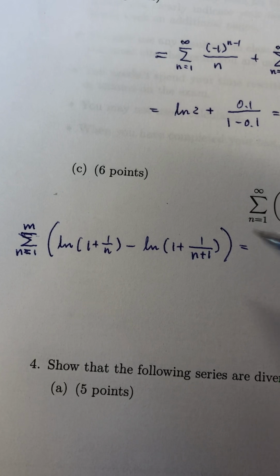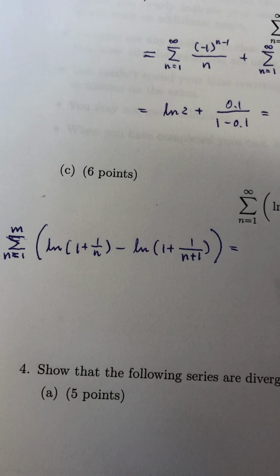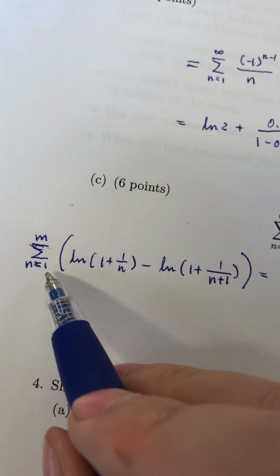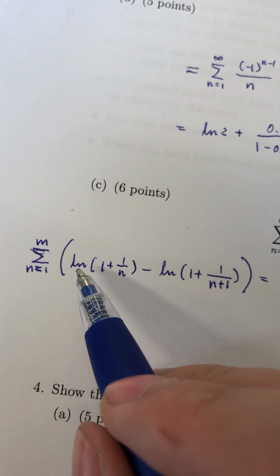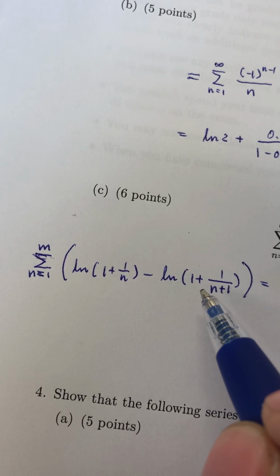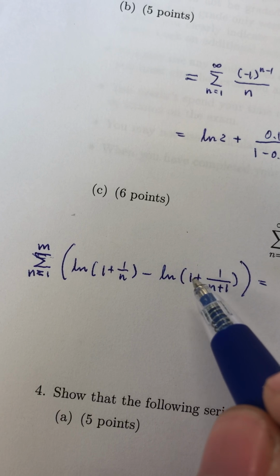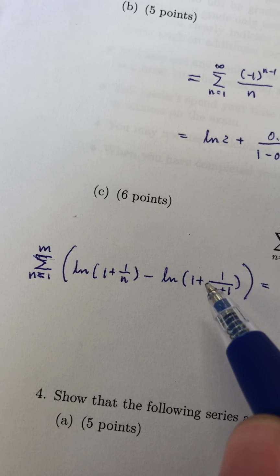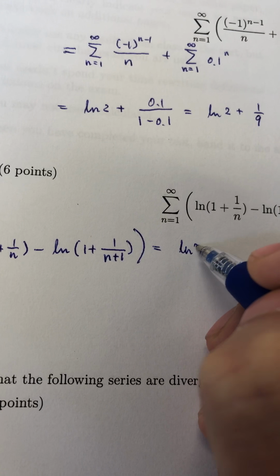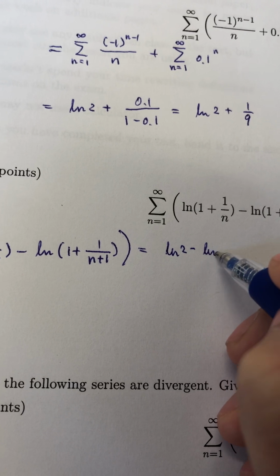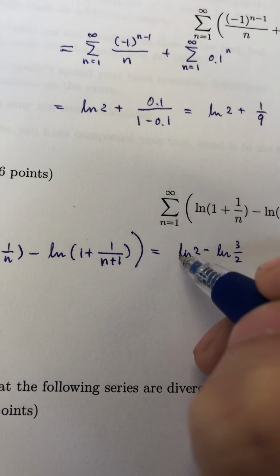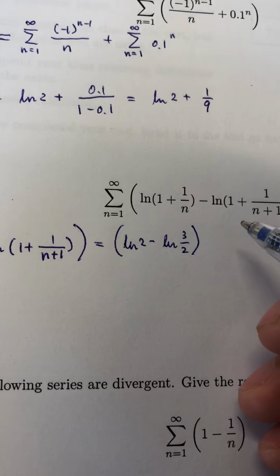Write down the terms in this series. The first term, when n equals 1, will be log of 2 minus log of 1 plus 1 over 2. So it is the log of 2 minus log of 3 over 2. This will be our first term.